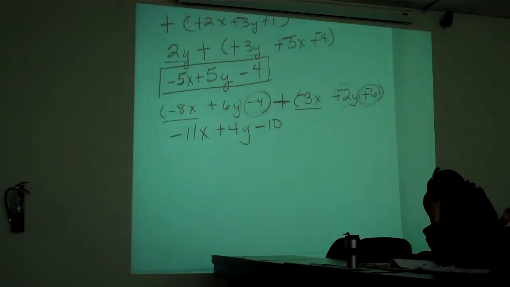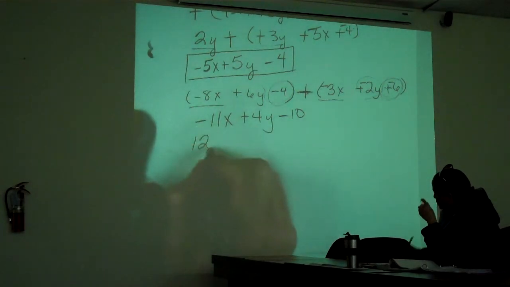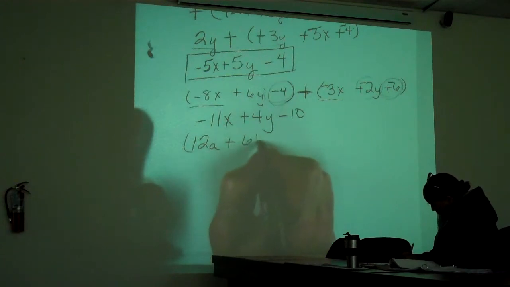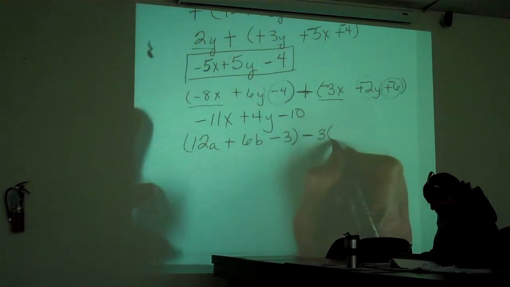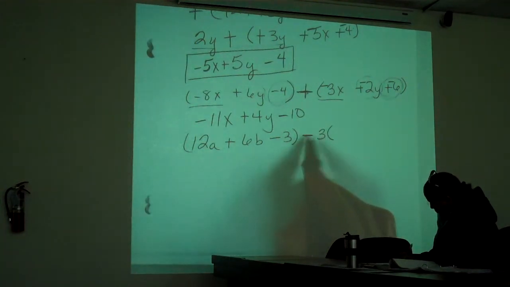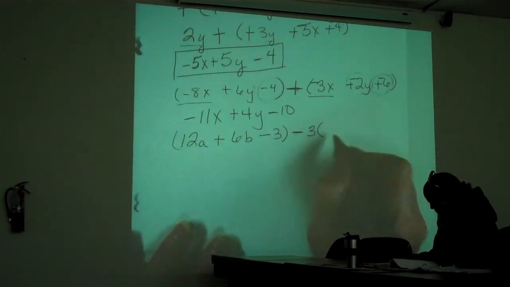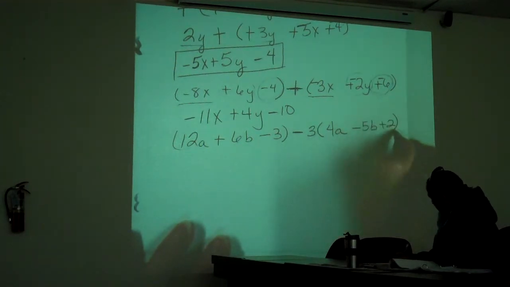Now if there's a number with the minus out there, you will really actually need to use another row. Let me show you one that has it like that. If we have like 12a plus 6b minus 3, and say you have a number out here in front of it, and we'll have a, b, and a number in here. 4a minus 5b plus 2.